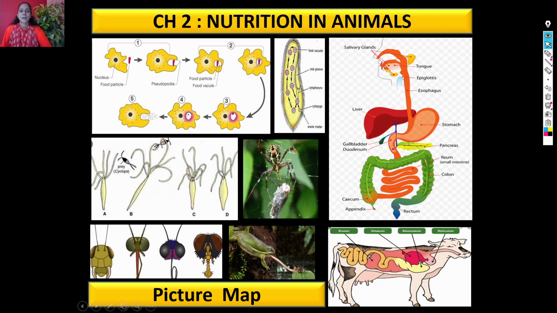And the last but equally fascinating subtopic of this chapter is mode of digestion in ruminants, like cow, deer, buffalo. So this is all we have to study in this chapter, and today I'm taking up the introductory part, but you will be able to see all these subtopics subsequently on my channel.